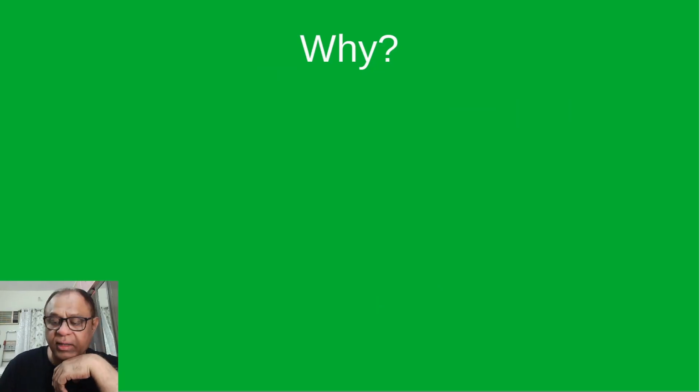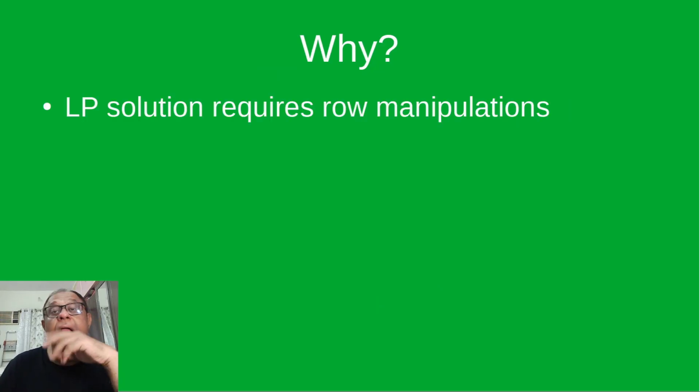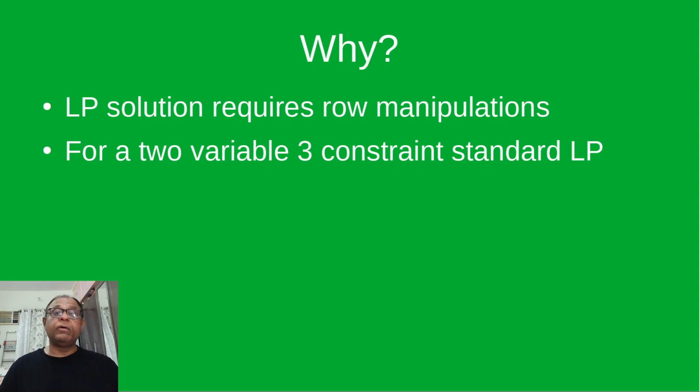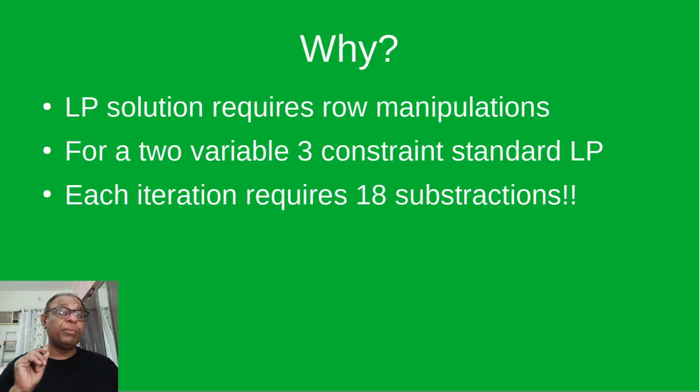Well, why should you be learning it? As you are all aware, when you make the simplex tableau, the LP solution requires a lot of row manipulations. For a two variable, three constraint problem of LP, you require a minimum of 18 subtractions per iteration.